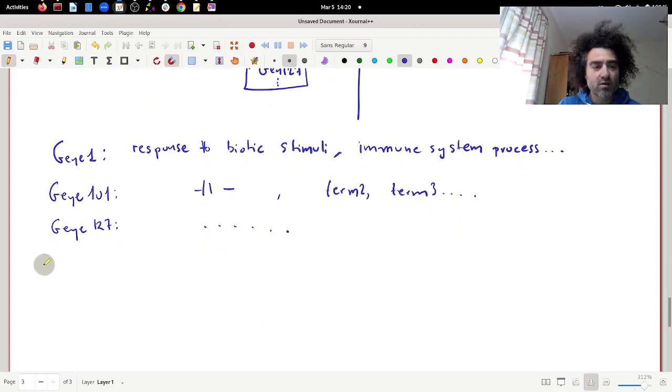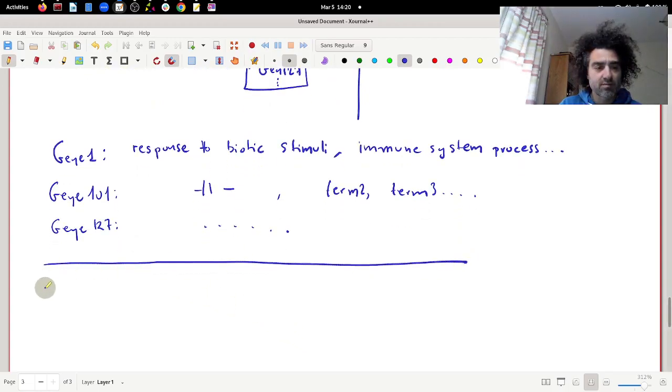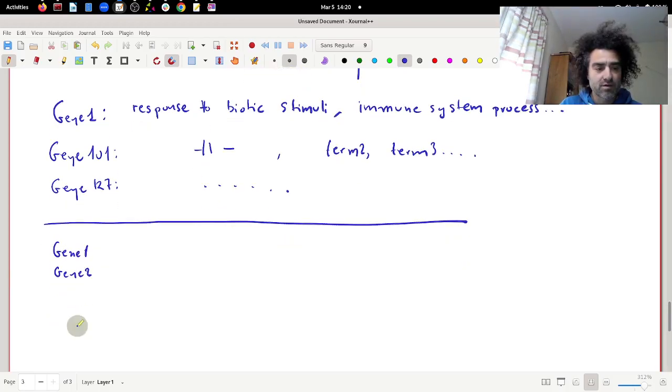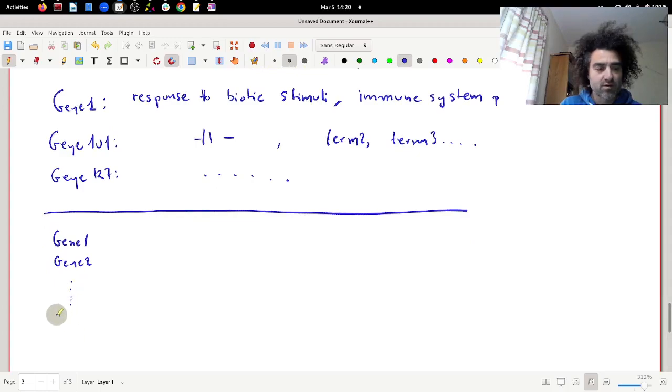If we take all the genes of the organism, so gene 1, gene 2, and so on until, let's say, 50,000, then each one of these genes is also linked to some biological terms.